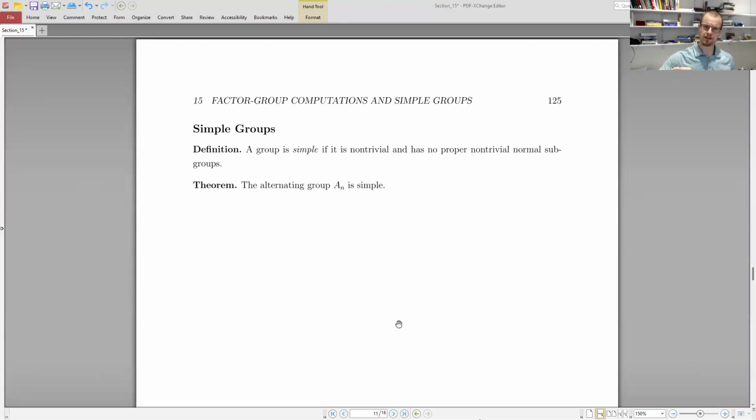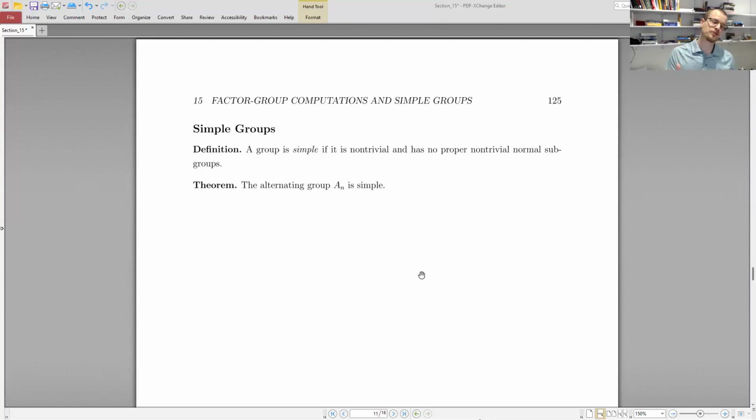Okay, I think we're good now. An example of a simple group is any one of the alternating groups. So that's just an example for now. Again, simple groups are interesting because if they have no normal subgroups, that means that you cannot find a factor group with these.